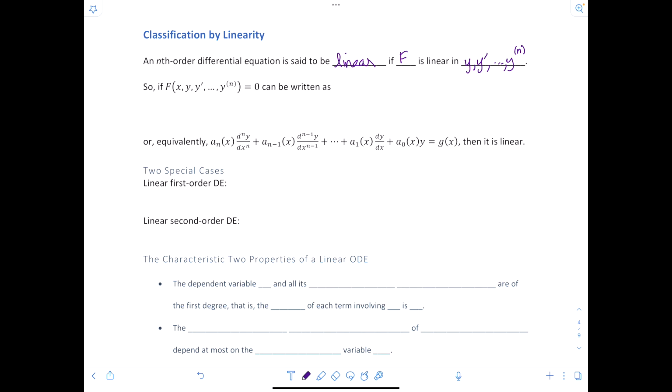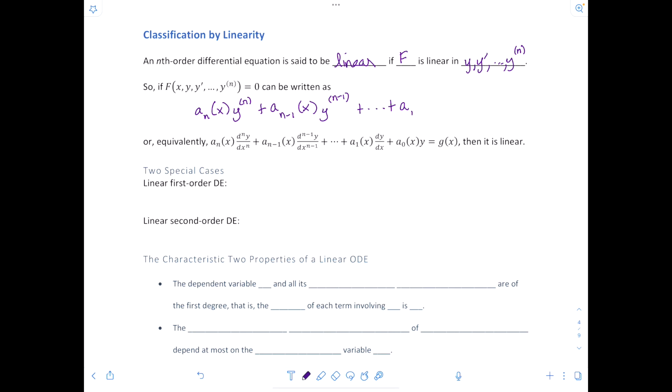So if capital F at x, y, y prime all the way to nth derivative of y equal to 0 can be written as, this will be kind of a long one, a sub n times x times the nth derivative of y plus a sub n minus 1 times x times the n minus first derivative of y. And you keep going on in that manner.